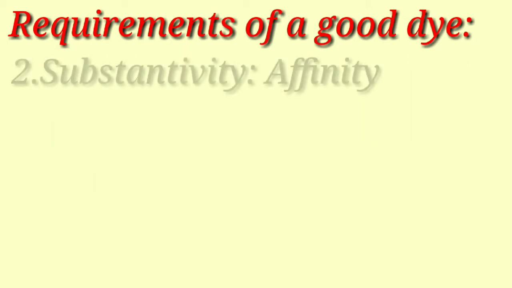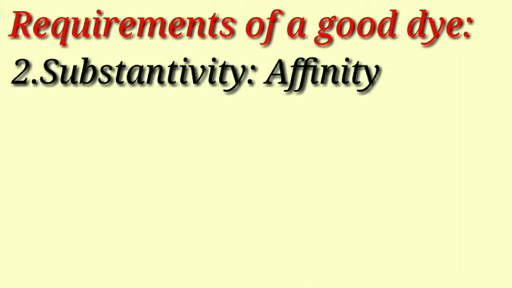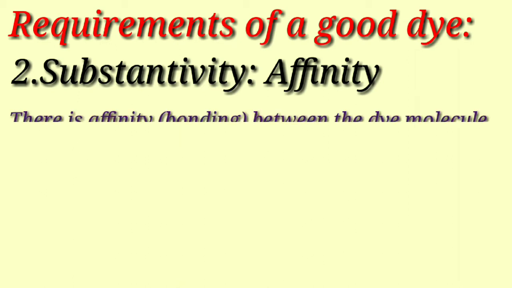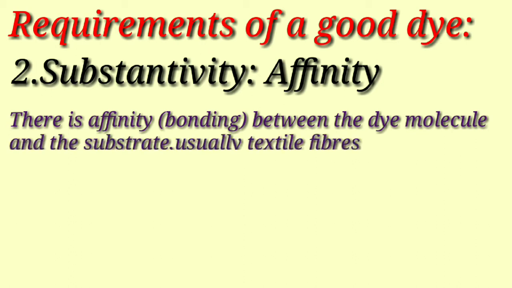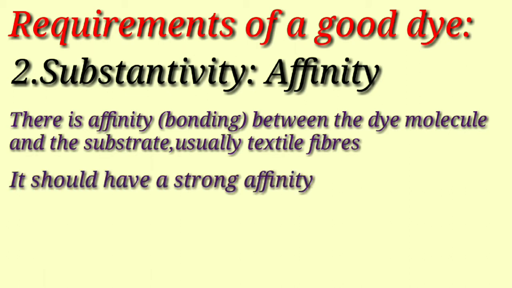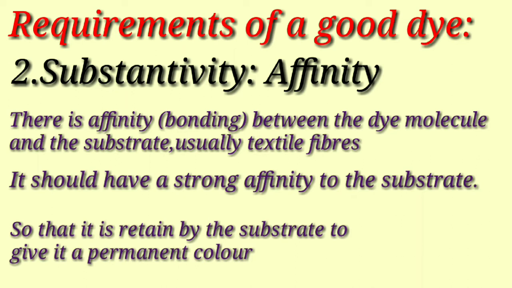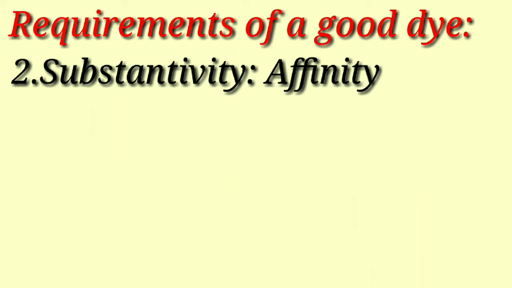Second is substantivity, that is affinity. Well, it is the affinity between the dye molecule and the substrate, usually textile fibers. The most important requirement of a dye is that it should have a strong affinity to the substrate so that it is retained by the substrate to give it a permanent color.